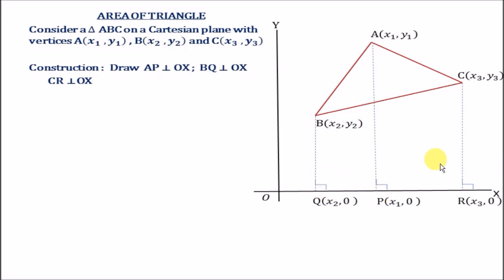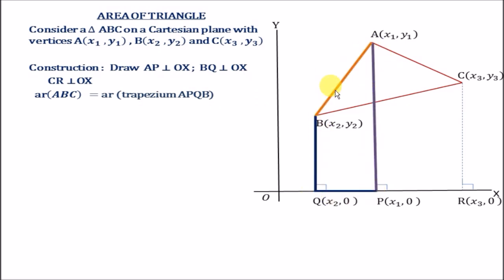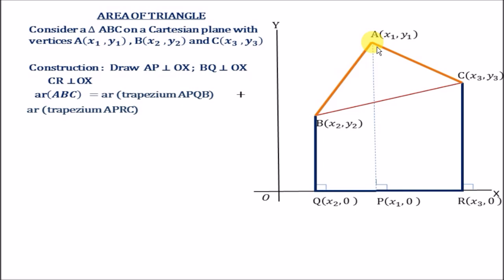So here we can say the area of triangle ABC, the required triangle, is equal to the area of trapezium APQB first. This is trapezium APQB. We'll add the area of trapezium APRC to it. This is the area of trapezium APRC. So on adding the area of the two trapeziums, we will get the area of pentagon ABQRC.